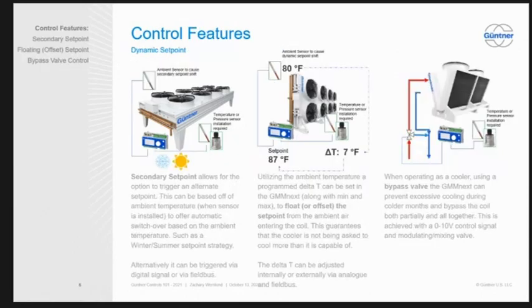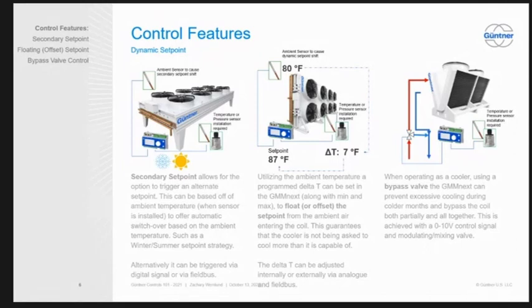But let me go here. There's also a lot of different settings on here. On the controller, you can do a secondary set point. This is usually used on a unit that's standalone. A lot of sites don't have a BMS system.